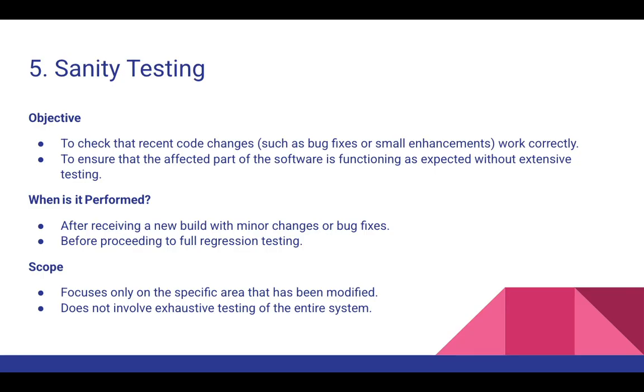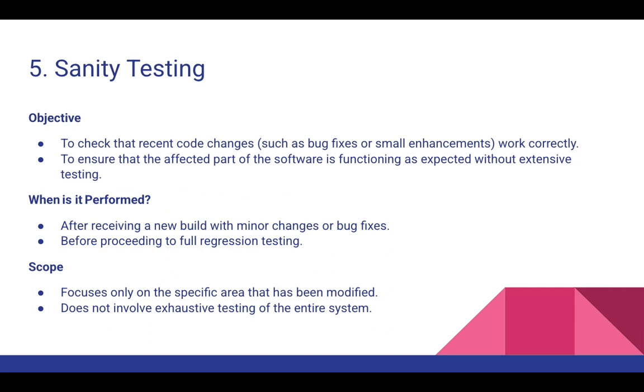So let's look into sanity testing. The main objective of sanity testing is whenever there is a recent code change, like maybe a small bug fix, a small enhancement, or we can say new functionality has been introduced, then you do a sanity testing.